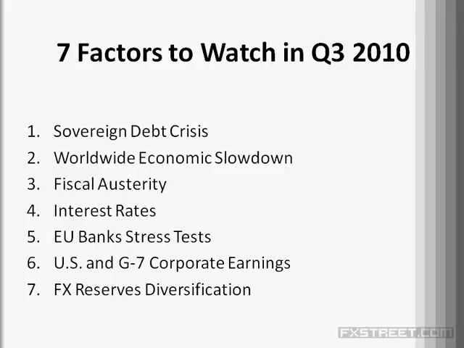Will foreign exchange reserves managers continue to look for other alternatives to the U.S. dollar? We know that the US dollar is the main reserve currency. Still is. But in the past decade, and in recent years as well, we have seen more of a diversification outside of the US dollar, as foreign exchange reserves managers are looking for other alternatives.